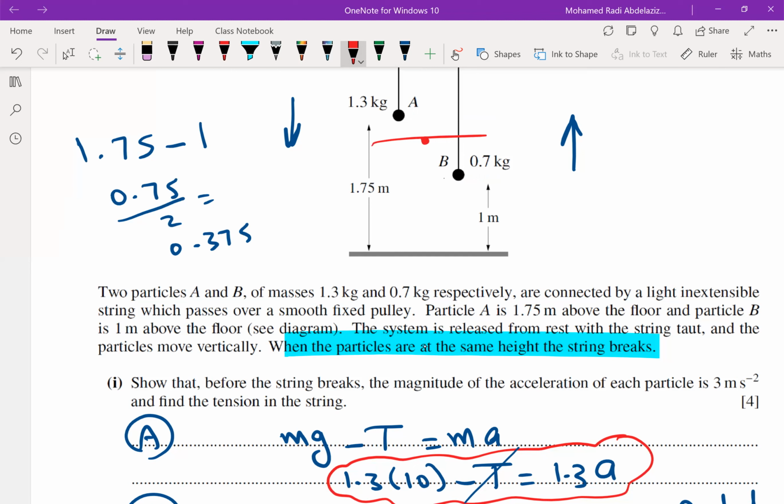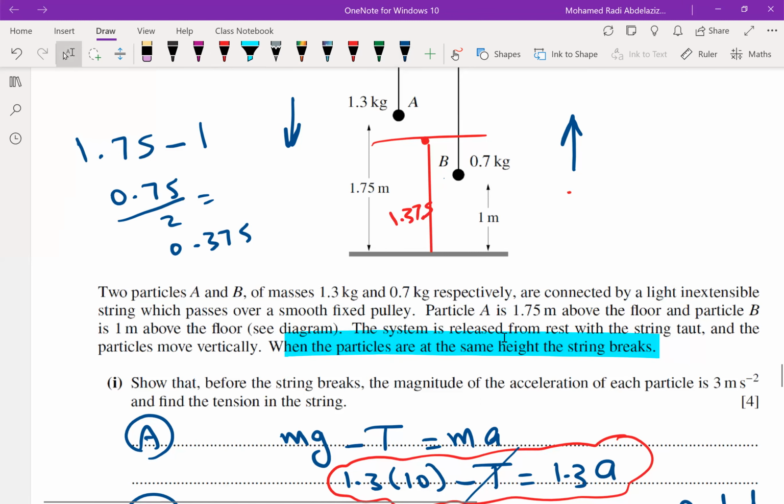So the height from the ground, when this particle moves up and this one moves down, will be 1 plus 0.375. So this height now is 1.375.